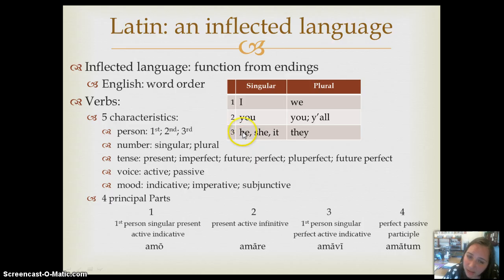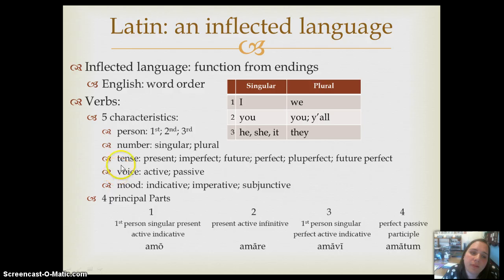Third person singular is he or she or it. Third person plural is they. Now, if you have a third person verb, that means that you could also have a subject in the sentence, and we'll talk a little bit more about that in the second chapter where we actually start dealing with nouns.